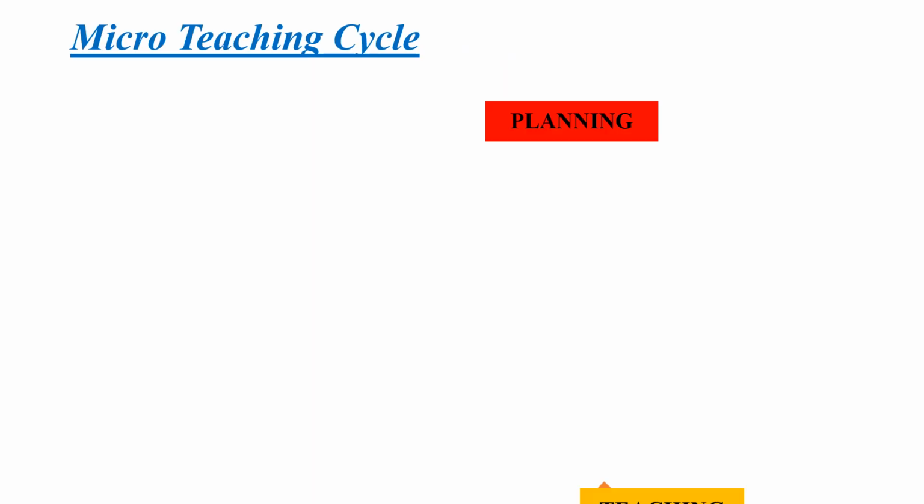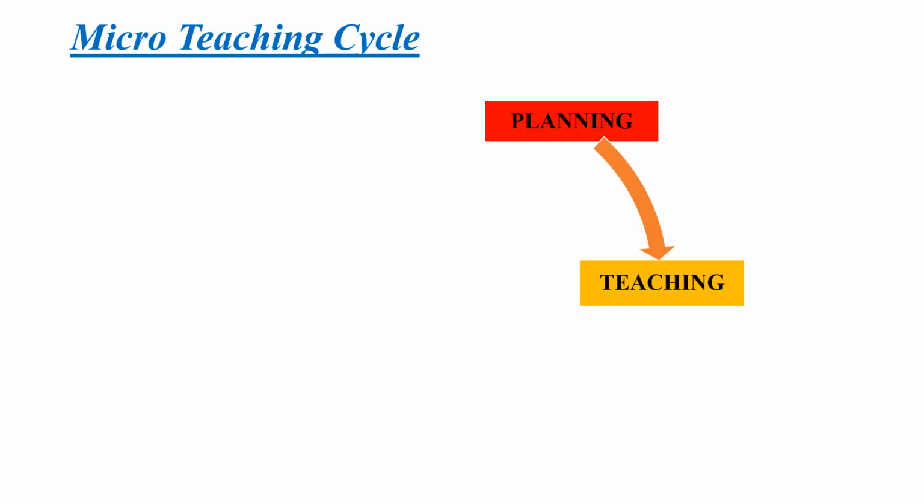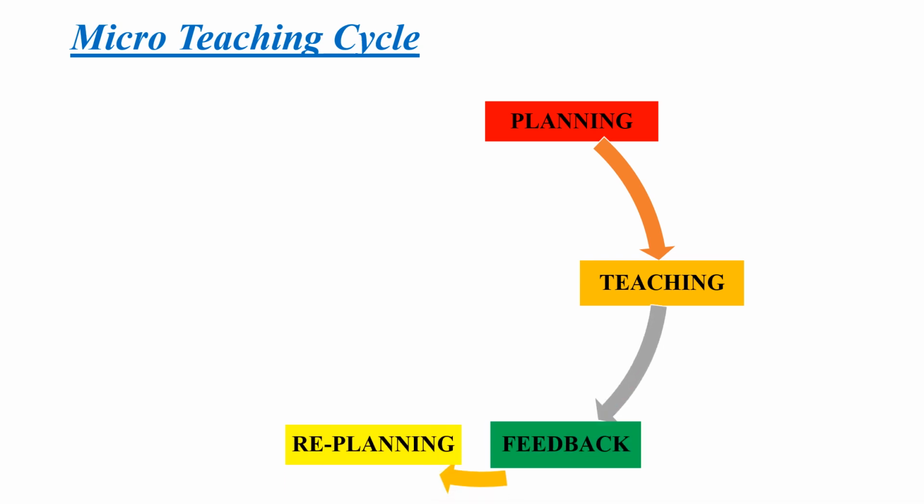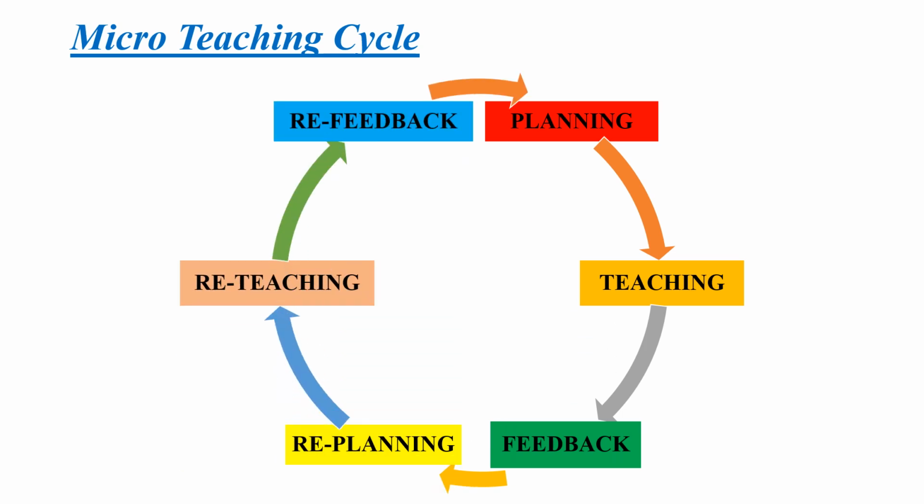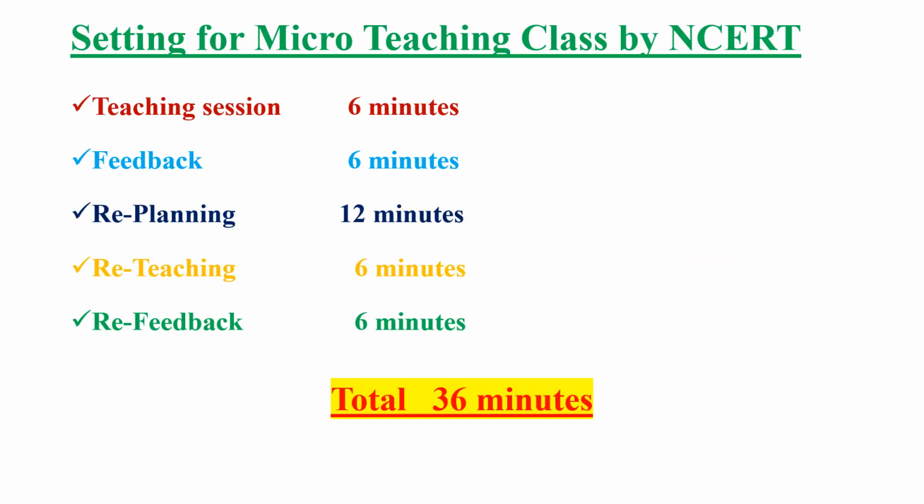The micro teaching cycle is basically a process of planning, teaching, feedback, again replanning, reteaching, and refeedback. Here, the student plans, teaches, gets the feedback, then replans, reteaches, and refeedback is given to the student.